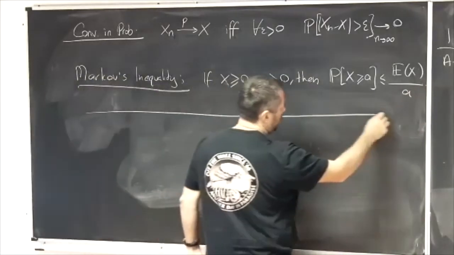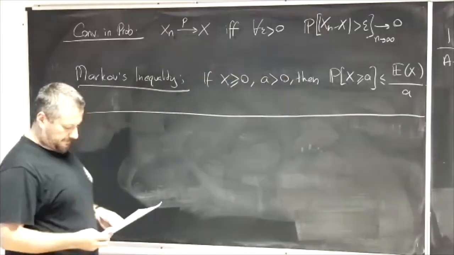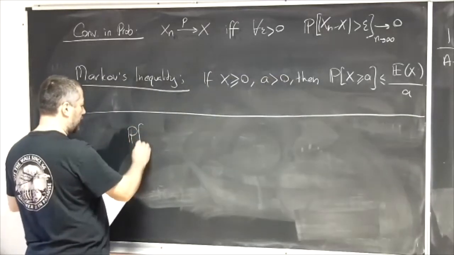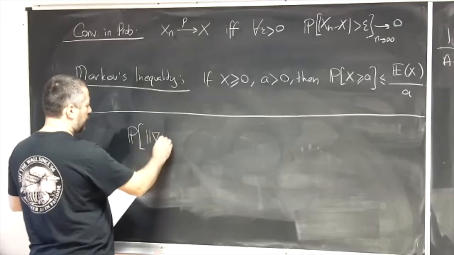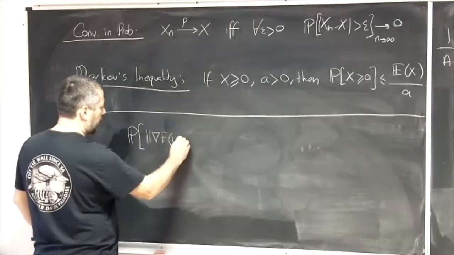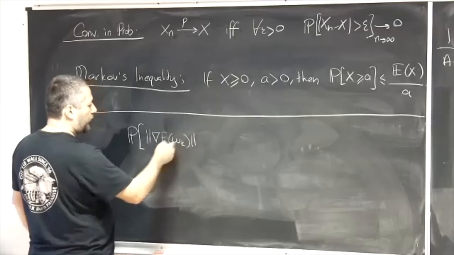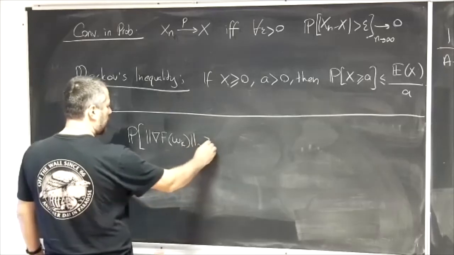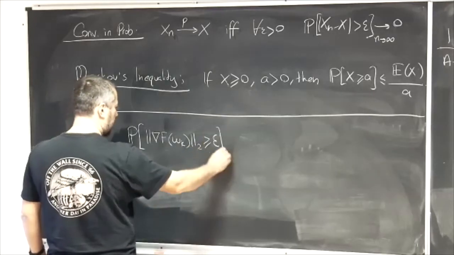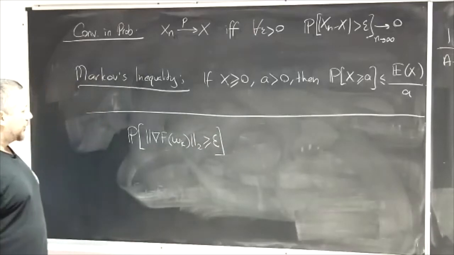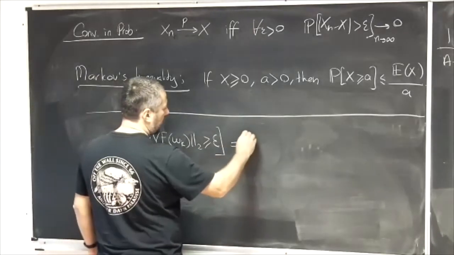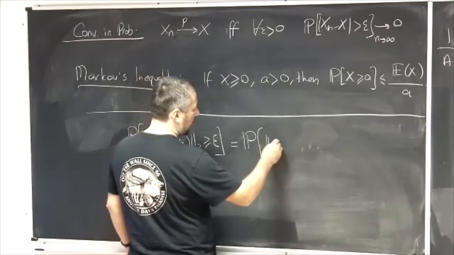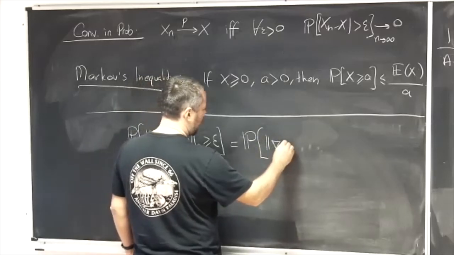So we will use this. Let's look at this expression: the probability of the norm of the gradient of f evaluated at omega k being bigger than or equal to epsilon. Let's square this expression. This is the same thing as the square being bigger than or equal to epsilon squared.